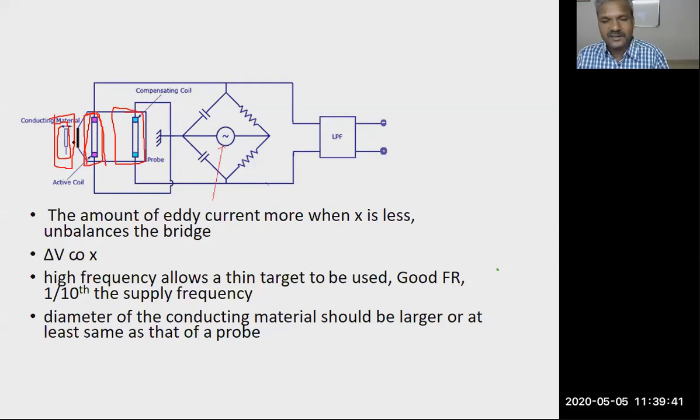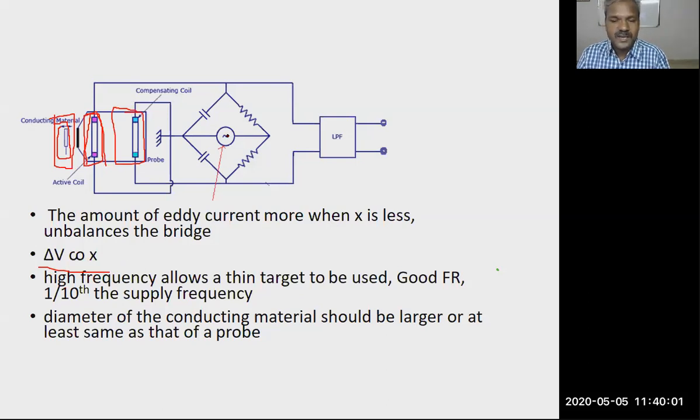Because of this variation, it alters the bridge. It causes a change in the bridge and unbalances it. That unbalanced voltage is directly proportional to the displacement between the conductive material and the active coil.